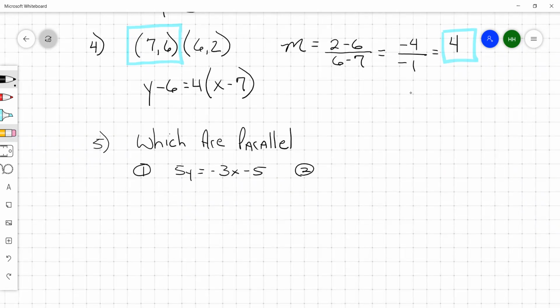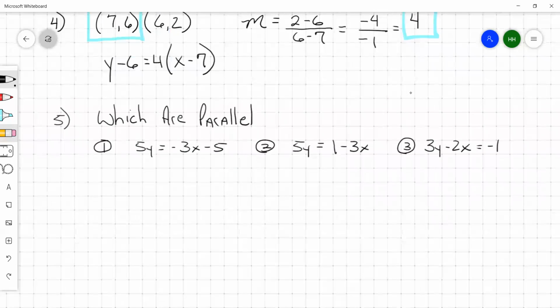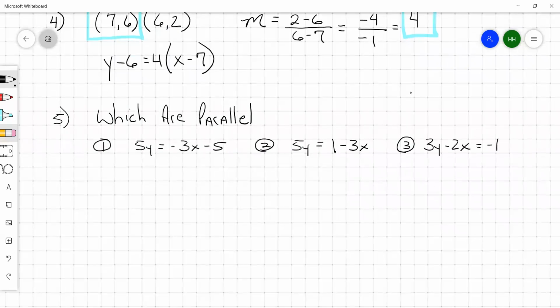Second equation, 5y equals 1 minus 3x. And the third equation, 3y minus 2x equals -1. Now, parallel lines have the same slope. So if we just put each of these equations in slope-intercept form, we can determine what their slope is, and we can determine which ones are parallel.